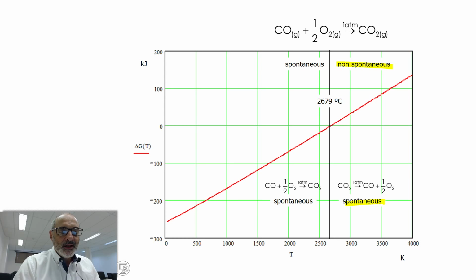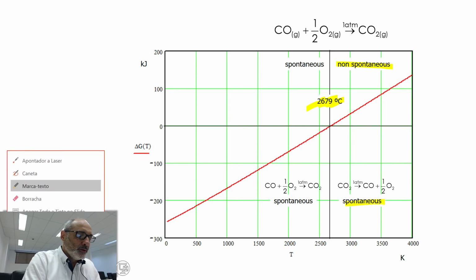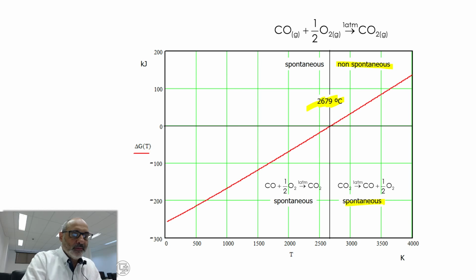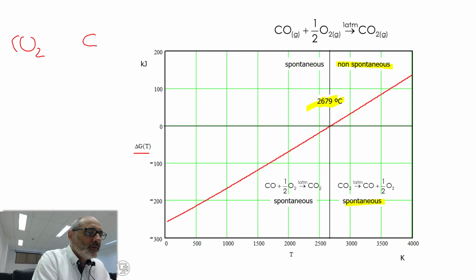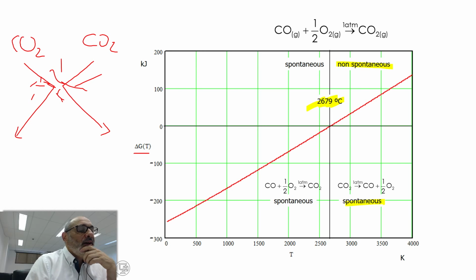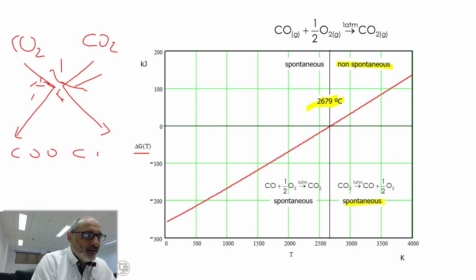So at very high temperatures, such as 2,600, when CO2 molecules bump, they have so much speed that this is going to be a very nasty crash, okay? So in this situation, you may have COO, and they can mix.